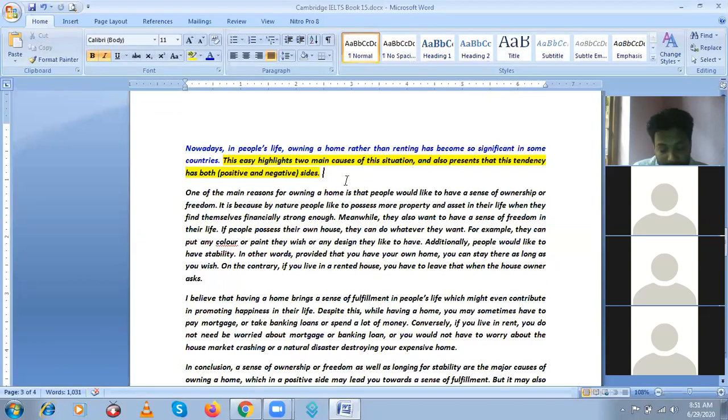Shall we go to body one of the essay now? Yes, sir. Okay. Here, the beginning phrase is the perfect one: one of the main reasons for owning a home is that people would like to have a sense of ownership or freedom. So, sense of ownership or freedom that we have outlined.